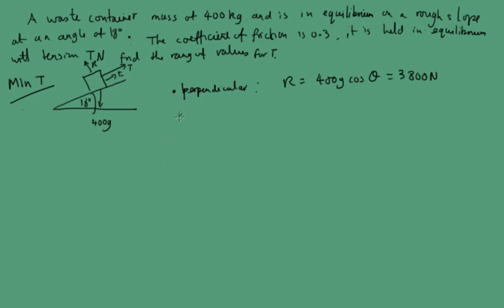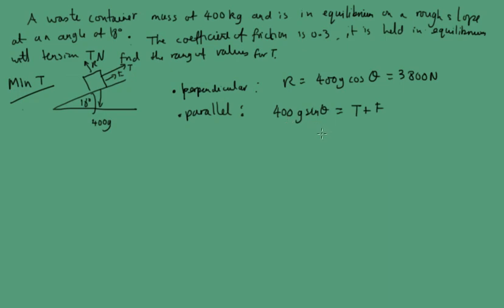And now we're going to do the parallel. This time 400g sine theta will be equal to T plus F, because that component is going to be down the slope.